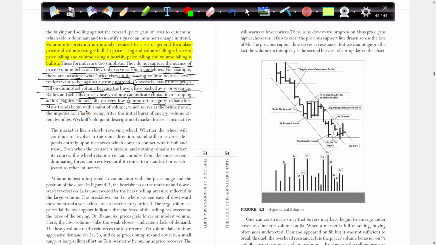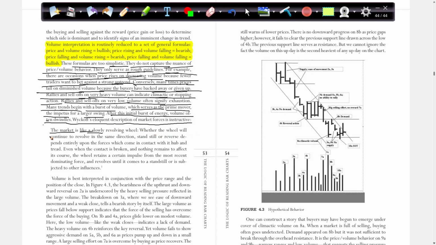Many trends begin with a burst of volume, which serves as the prime mover, the impetus for a larger swing. After this initial burst of energy, volume often dwindles. Wyckoff's eloquent description of the market force is instructive. The market is like a slowly revolving wheel.